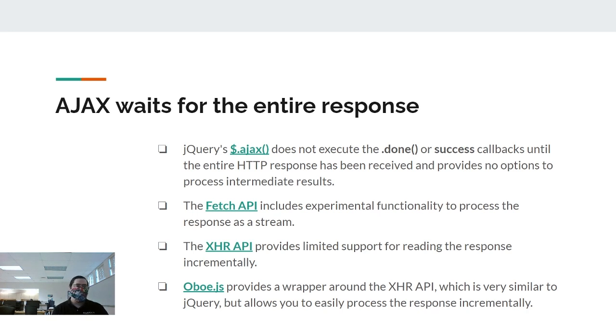You can use the Fetch API as long as you're not trying to support older versions of IE. I can't remember which version, but I think the Fetch API is only in Edge. I don't think any version of IE supports it. So as long as you're okay with not handling older IE browsers, which at this point most developers are okay with, then you can use the Fetch API.